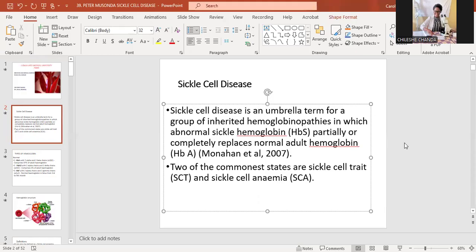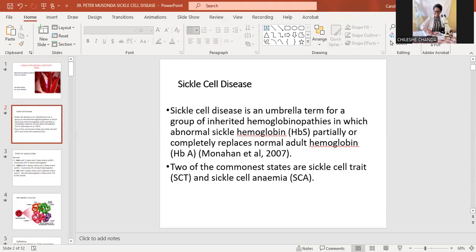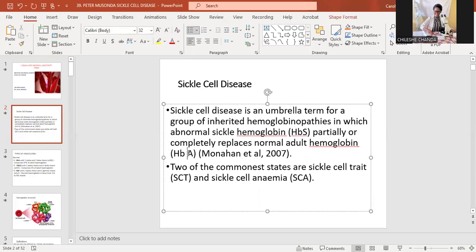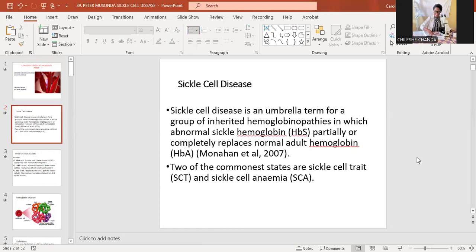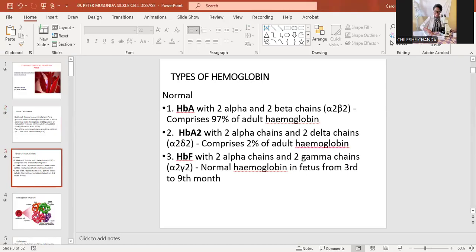So there are different types of hemoglobin, and there is this abnormal hemoglobin, known as hemoglobin S, which replaces the normal hemoglobin A in a person who does not have sickle cell. We have two common sickle cell types: the trait and the disease itself, sickle cell anemia. Before we go into the types, let's look at the types of hemoglobin.